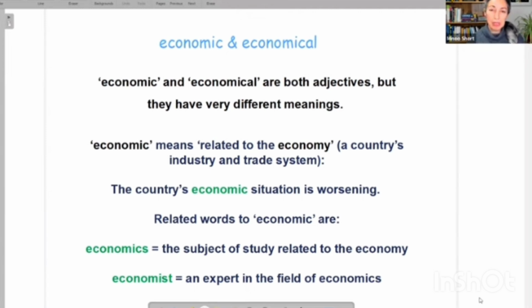Notice the difference in pronunciation, word stress, economics and economist. So these words also, it's always good to review the pronunciation from a word stress point of view.